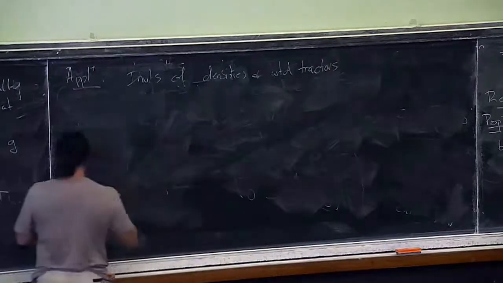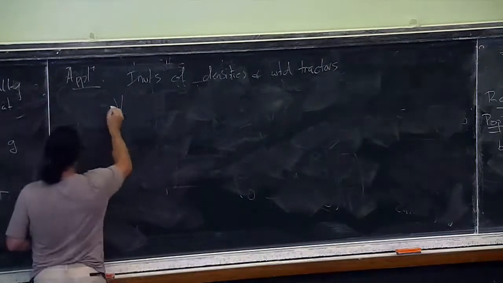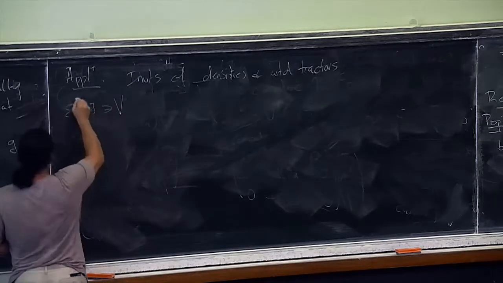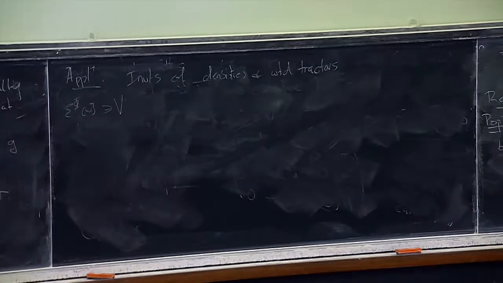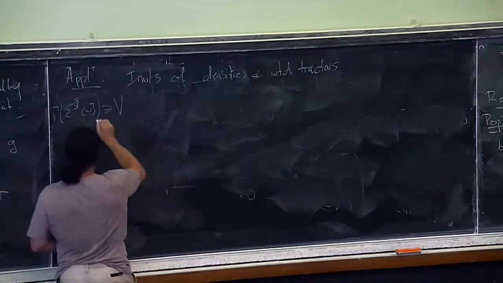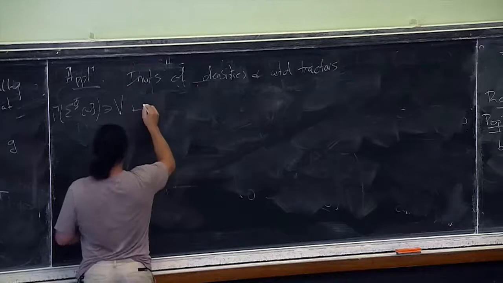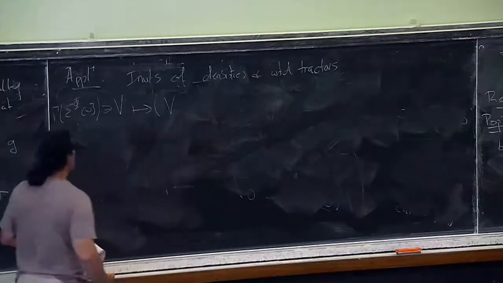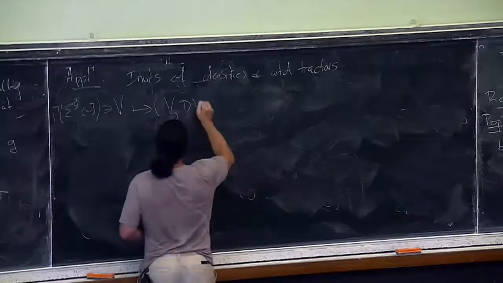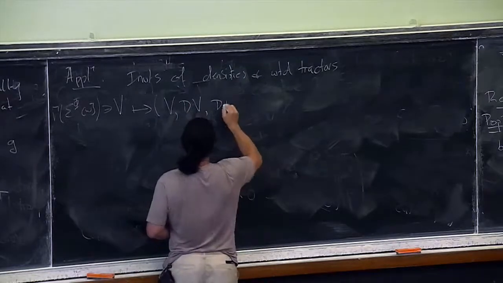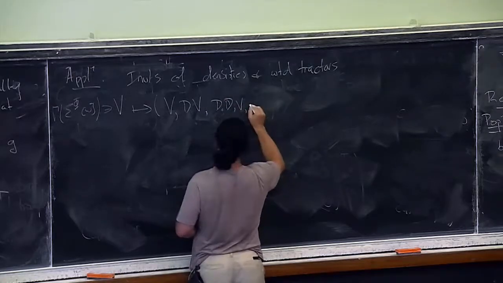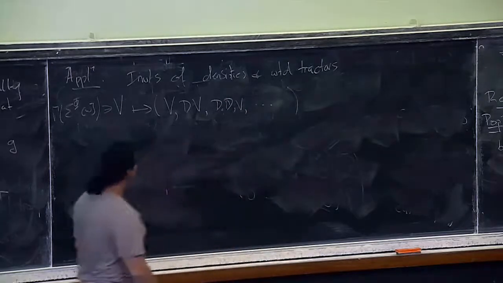Okay. Start off with something; it's either a density or perhaps it has tractor indices as well that I'm not going to write down. So it's a section of that bundle. You can apply D, you can apply D again, and so on.